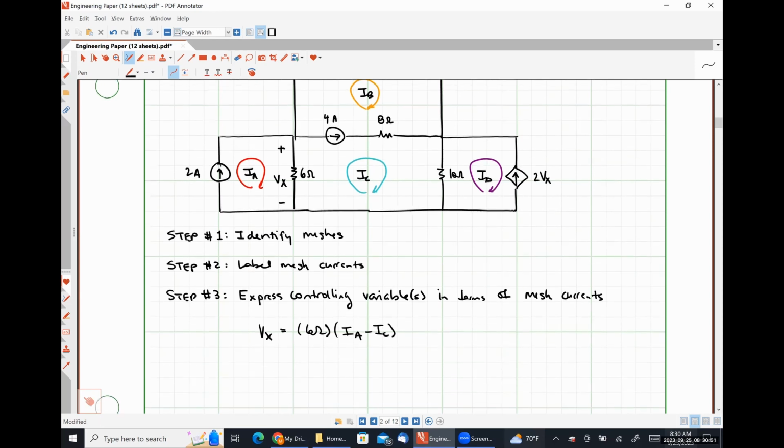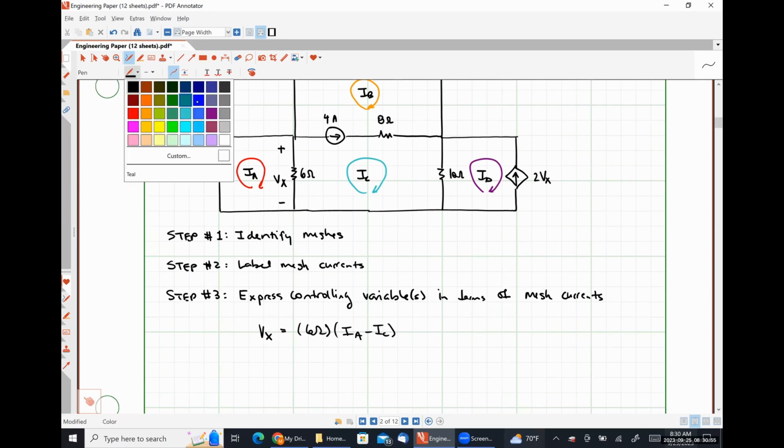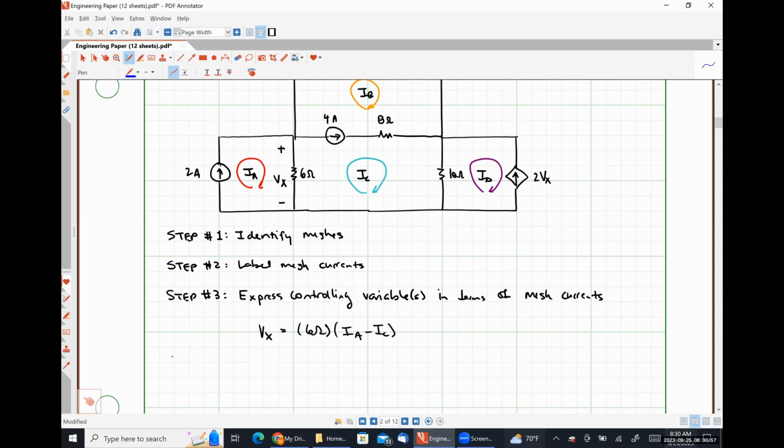All right, so something new that we are going to have to do here, because we have current sources, is we are going to have to write a current relationship equation for each current source.